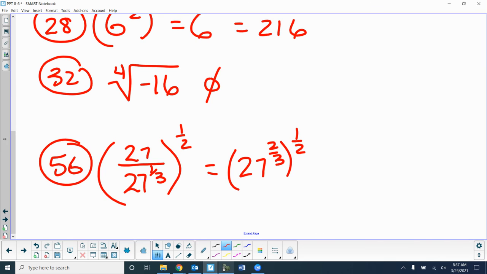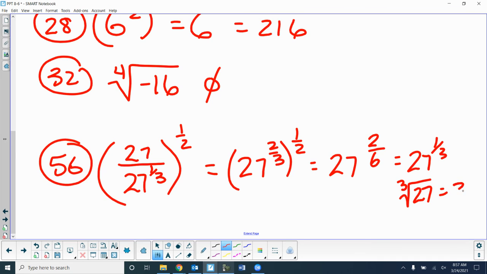What's the rule that you do? Power to power. Multiply. What's 2 times 1? 2. What's 3 times 2? What's 2/6 reduced to? 1/3. So that's our answer. But that answer, that's a cube root of 27. Those are the same. Well, 27 is a perfect cube. It's 3. Okay?